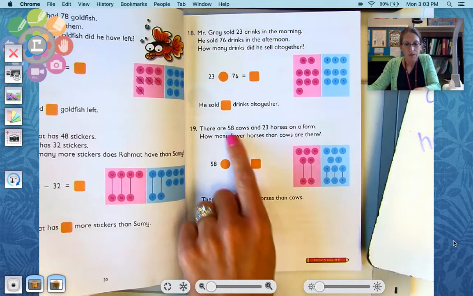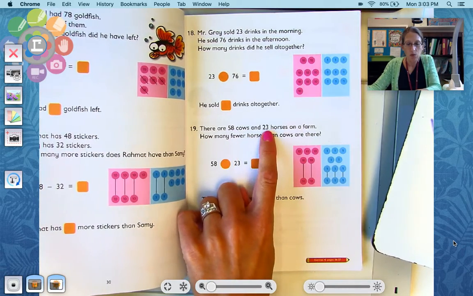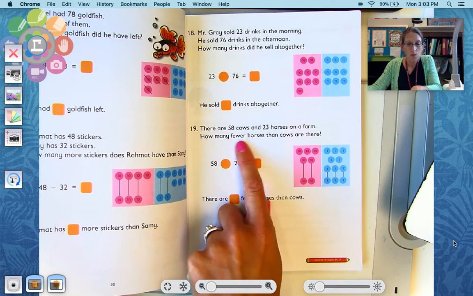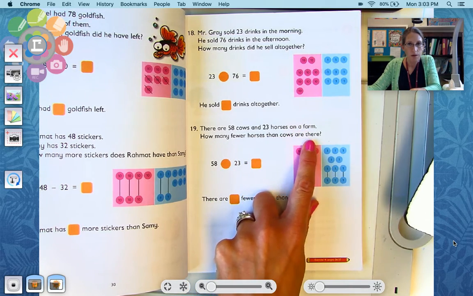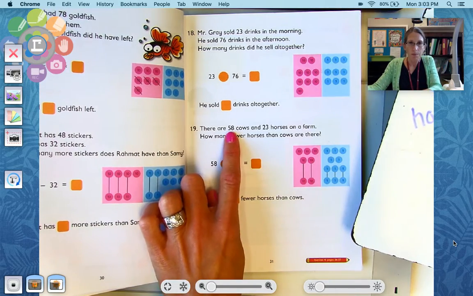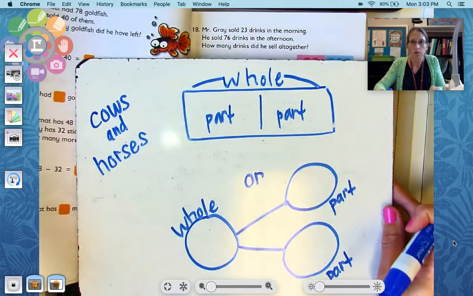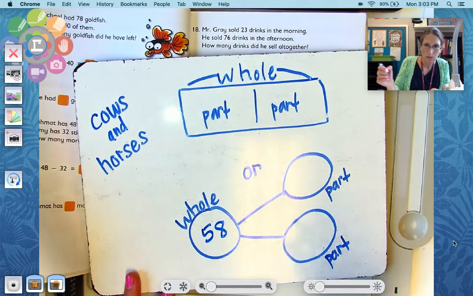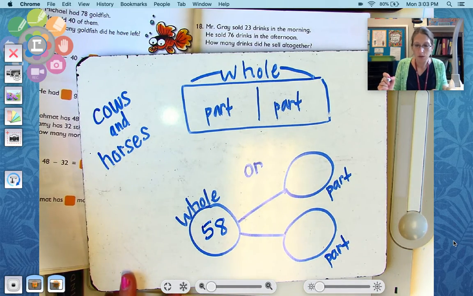If there are 58 cows and 23 horses on a farm, how many fewer horses than cows are there? So there's more cows, so that bigger number is going to be our whole number. I'm going to put it in here, 58, and that's the number of cows.